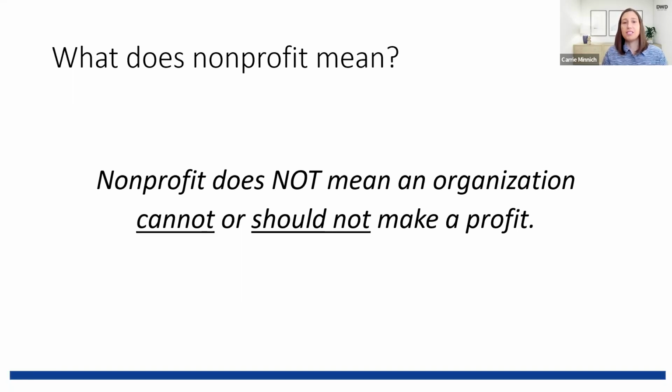In order to be sustainable, we have to bring in more revenue than we spend. Just because we use the terminology nonprofit or not-for-profit, it does not mean that we cannot or should not make a profit. It just means that the profits go back into the organization as opposed to a for-profit where the profits are paid out to the owner. So just want to keep that in mind.